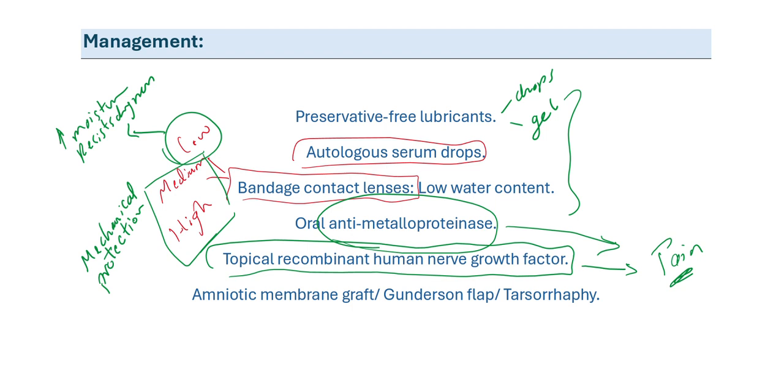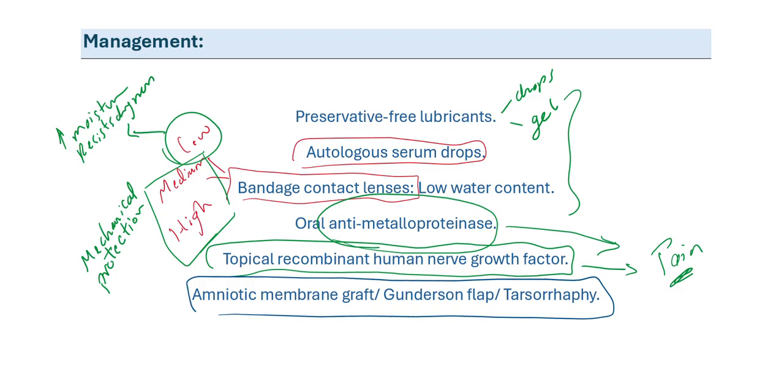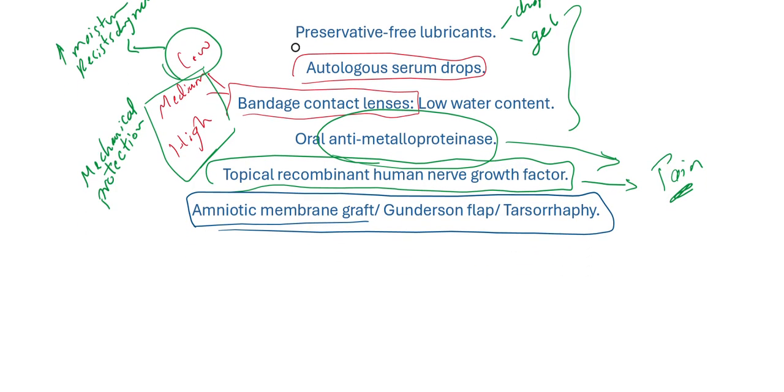Surgical treatment might involve amniotic membrane graft, Gundersen flap, or tarsorrhaphy. Amniotic membrane graft is very useful. You just suture the amniotic membrane on top of the cornea.